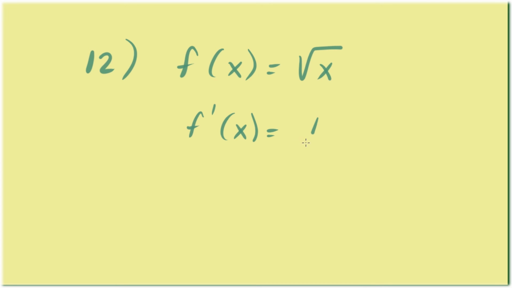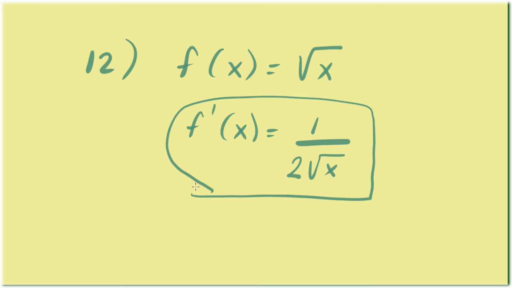It will help you a lot, make your life easier. It's always going to be 1 over 2 square root of x. The derivative of square root of x is 1 over 2 square root of x.